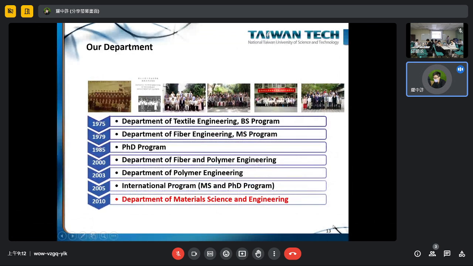Let me briefly introduce our department. Originally it was a traditional style. We were called textile engineering, then fiber engineering, then in 2003 we changed to polymer engineering, and in 2010 it became our current name. After that, we hired some professors from inorganic material backgrounds, including me.